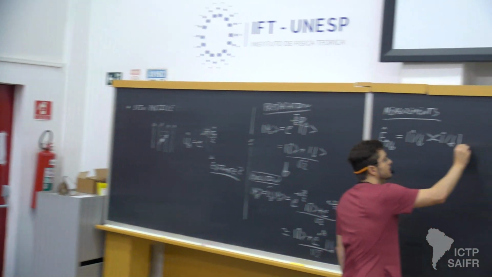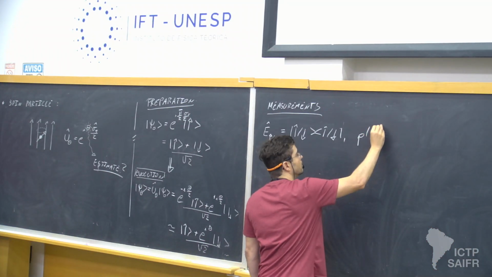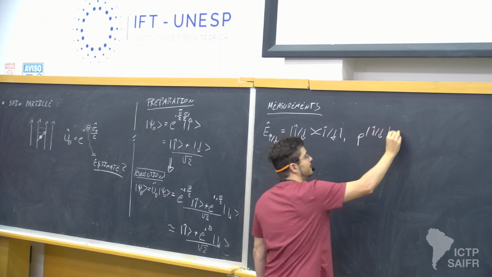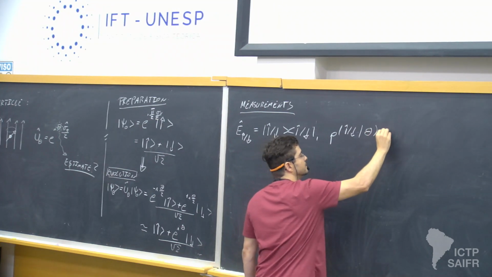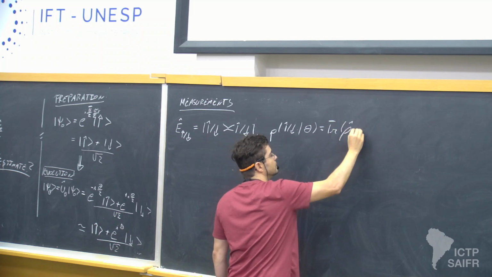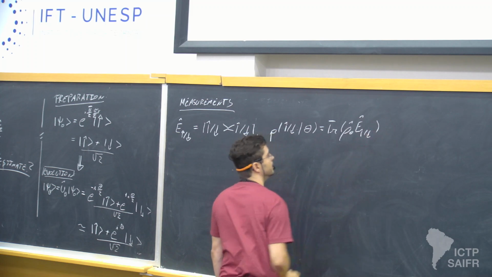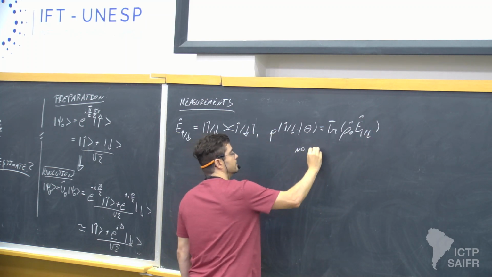If we compute the probabilities of having up or down, given that theta is encoded in my state, that is just taking the trace of my density matrix with these operators here, it has no dependence on theta.